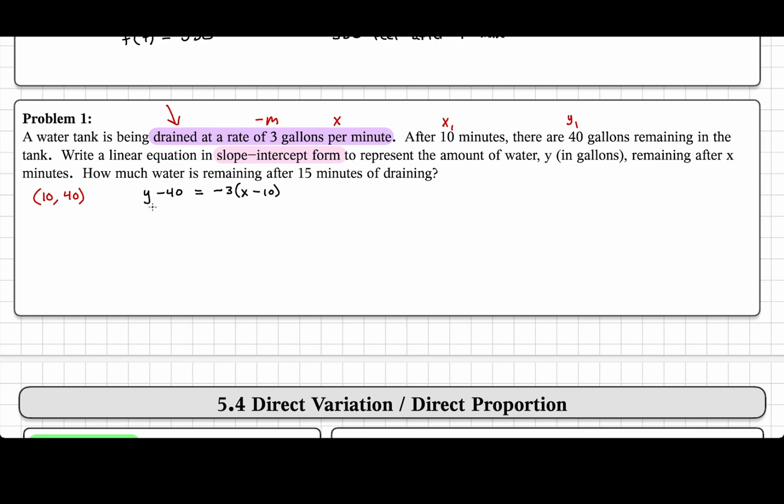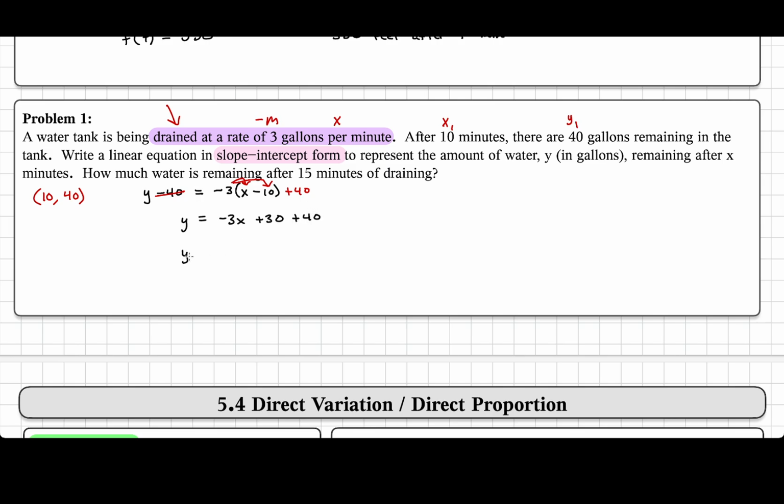Okay. Next thing I do is I'm going to take this, and I need it in slope-intercept form. So I'm going to move this minus 40 over to make it plus 40. So it's gone. Then I'm going to distribute. So we're going to have negative 3x plus 30. So y is equal to negative 3x plus 30 plus 40.